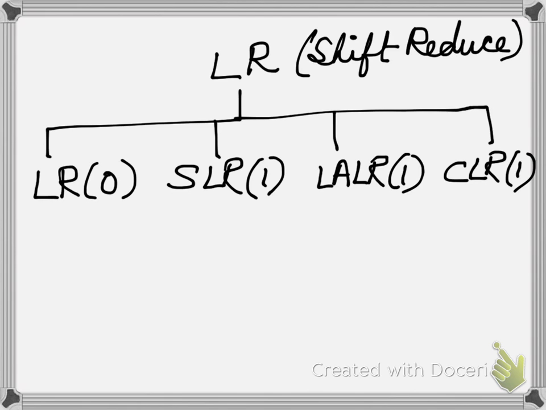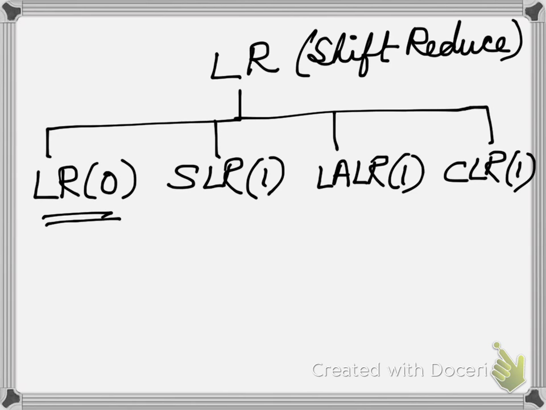Within brackets, you can understand this notation as LR0 does not have any lookahead symbol, whereas SLR, LALR and canonical LR or CLR use one lookahead symbol. So we will look at the parsing process of each of these four types of LR parsers.